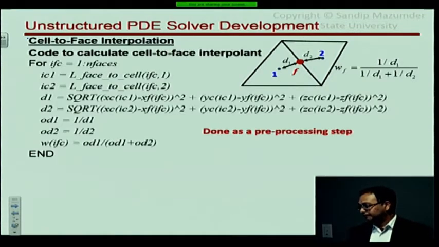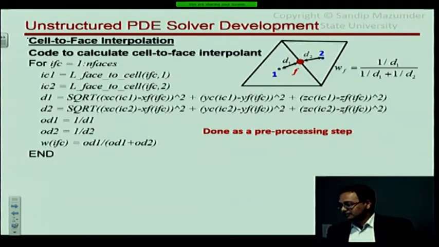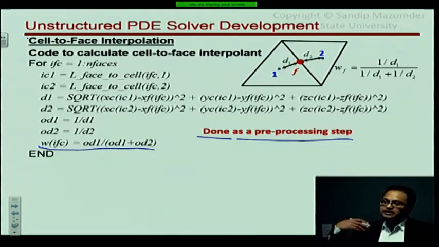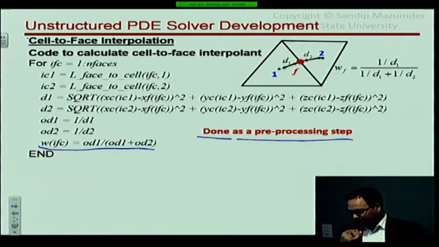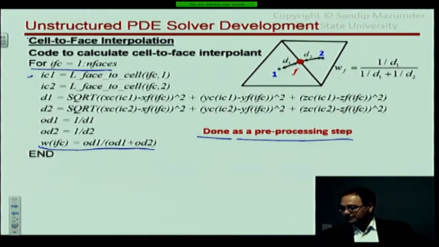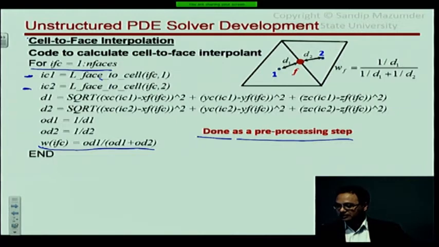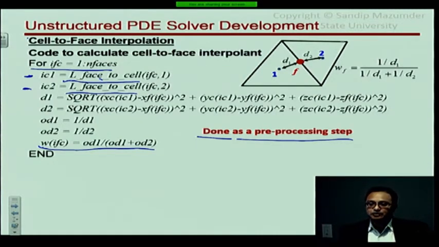Okay, so this weight function calculation is done as a pre-processing step. So this is all still pre-processing. We're talking about the geometry and all that. So what do you do? You loop over all faces in your computational domain. You get the cell index 1 and the cell index 2. Those are the global cell indices from your connectivity information. This is where we are using the connectivity information that we already stored, face to cell connectivity.